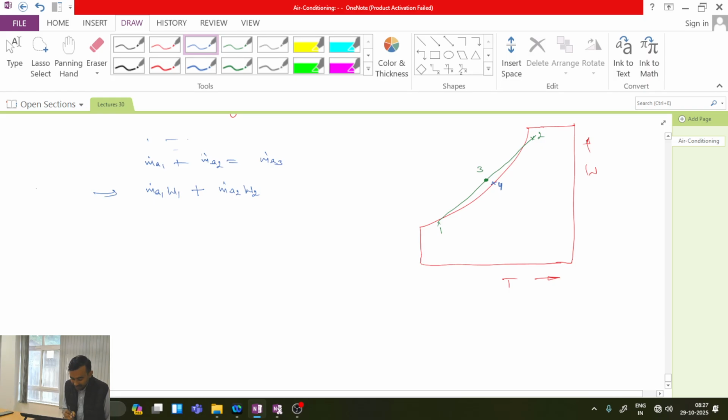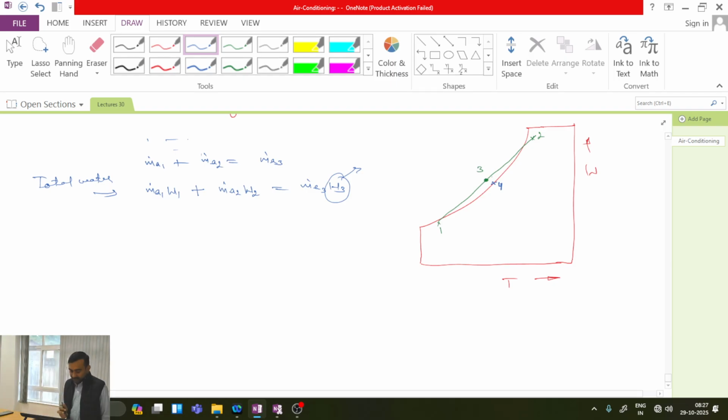Now, the mass balance for total water, first let me write for total water. It must be equal to m dot A3 into W3.